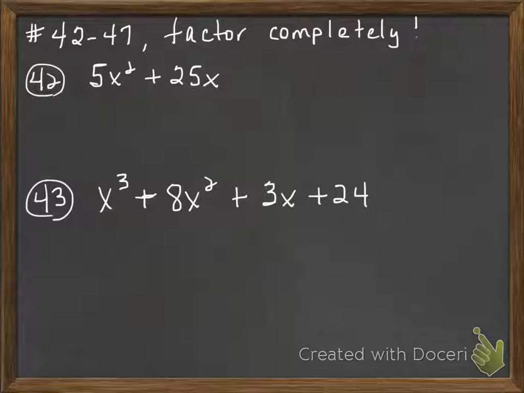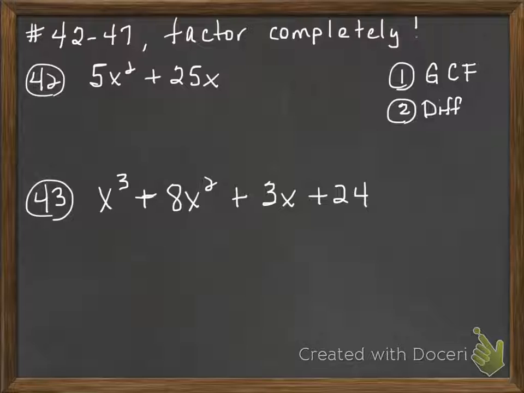For numbers 42 through 47, the directions say factor completely. So let me remind you, they're not going to tell you which specific method you're using, but when we're factoring, we have 4 different ways that we can factor. We can factor with GCF, and we always need to check the problem to see if there's a greatest common factor. We know how to factor difference of squares.